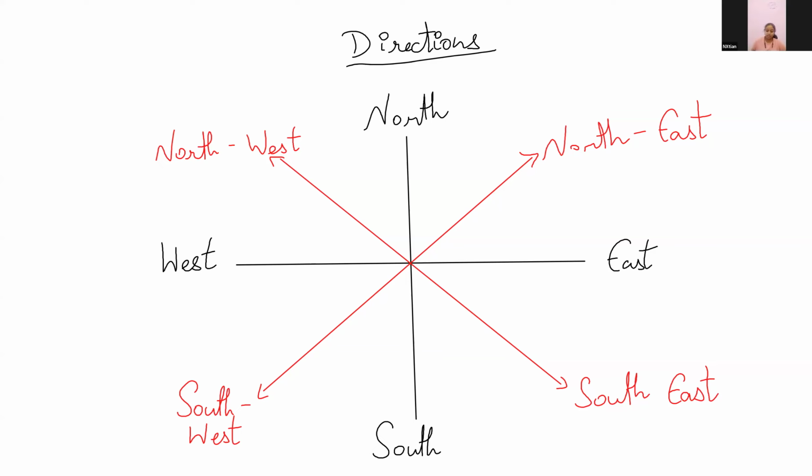Now we will talk about the next thing, that is angles. From a very basic point of view, I will make two rays from one initial point.